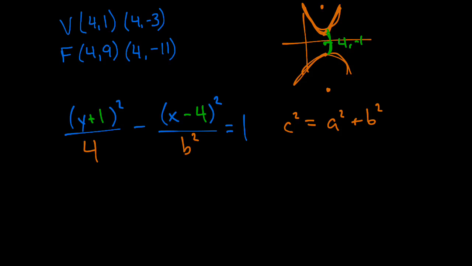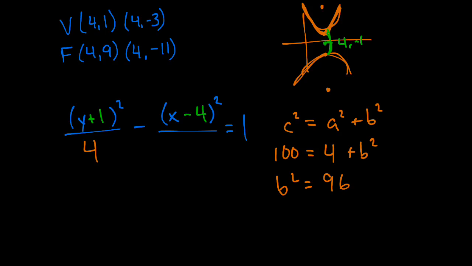So c squared would be 10 squared. So that's 100 equals a squared. A squared is 4 plus b squared. Subtract 4 from both sides. And b squared is going to be 96. We don't need to go further and take the square root because we would just undo that.